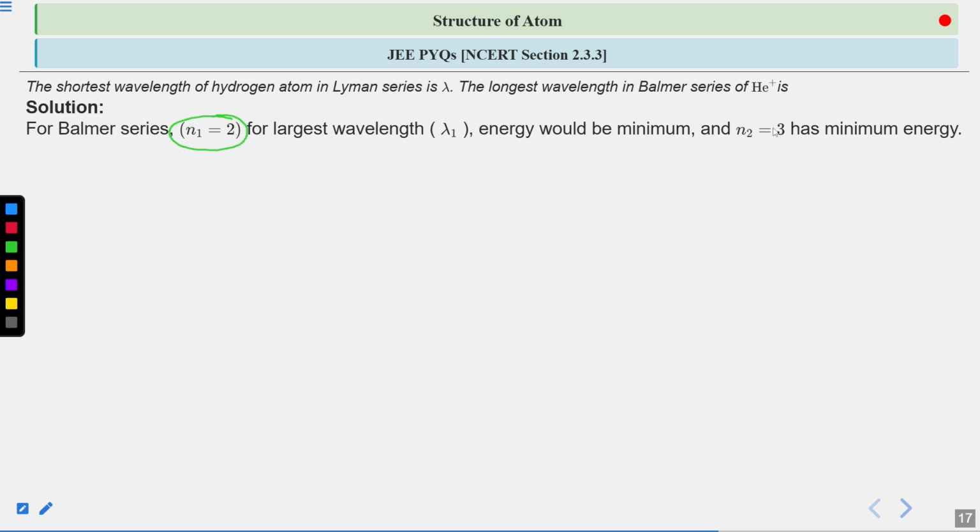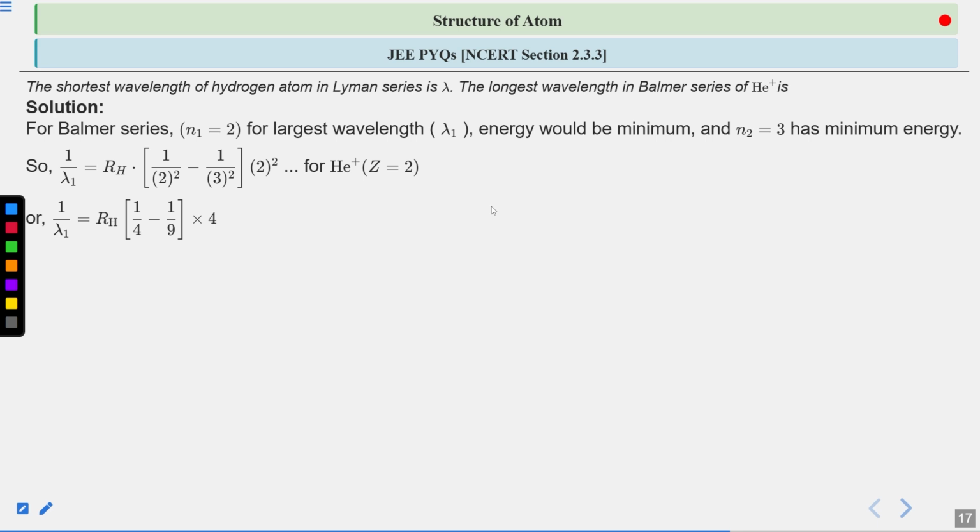And for the minimum energy, it will start from the next adjacent shell, that is 3. So we are considering here the longest wavelength as lambda 1. Now put all the values in the Rydberg formula again. Take it as lambda 1. This one is 1 by 2 square minus 1 by 3 square, and z is taken as 2, because we are worried about the helium plus. So 2 square will be 4.